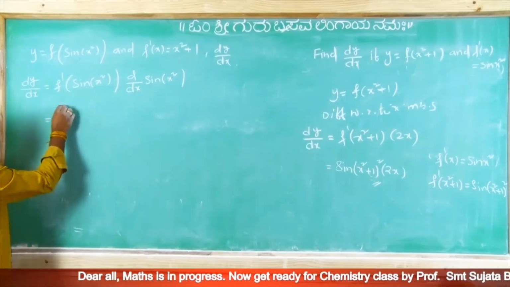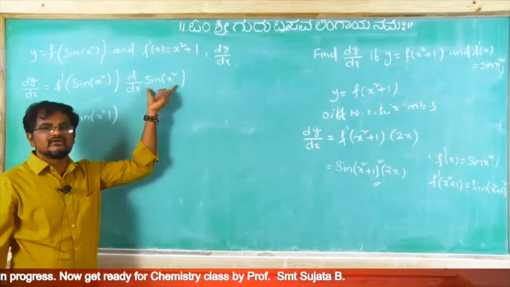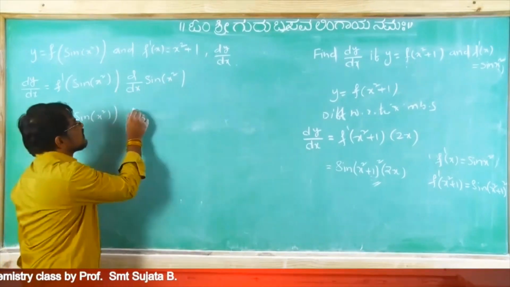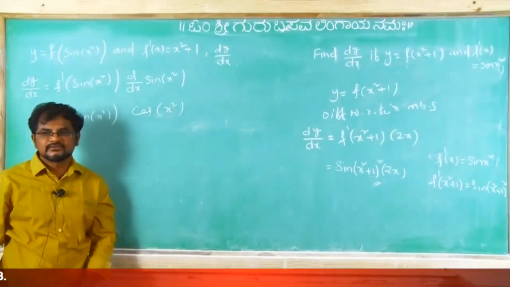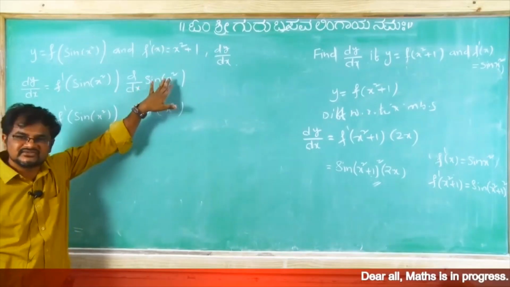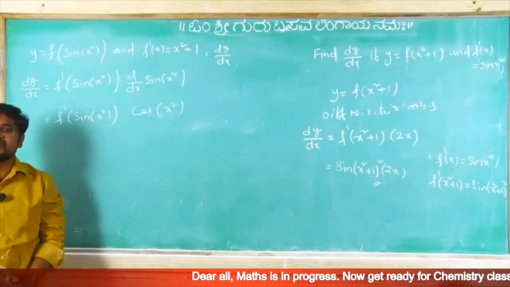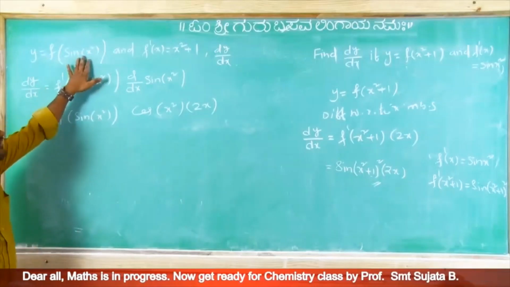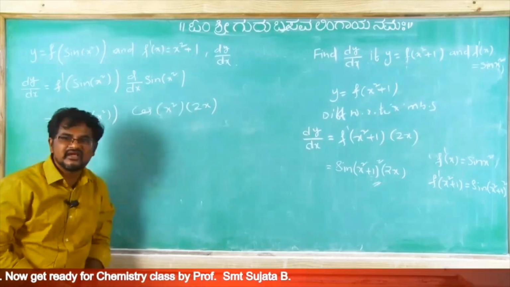That is equal to f dash of sin of x square. Again, differentiation of sin x square: differentiation of sin x is cos x, again differentiation of x square is 2x. So differentiation of sin is cos, and differentiation of x square is 2x.